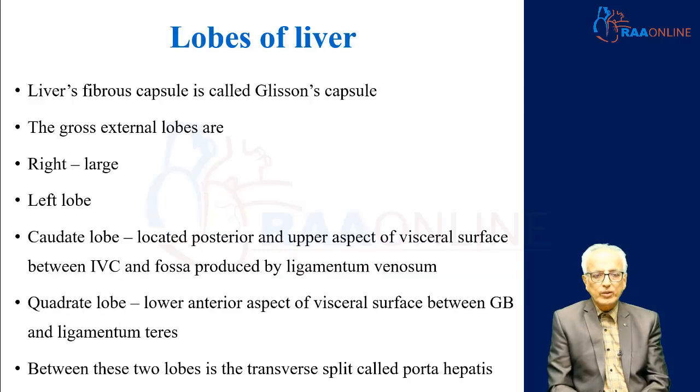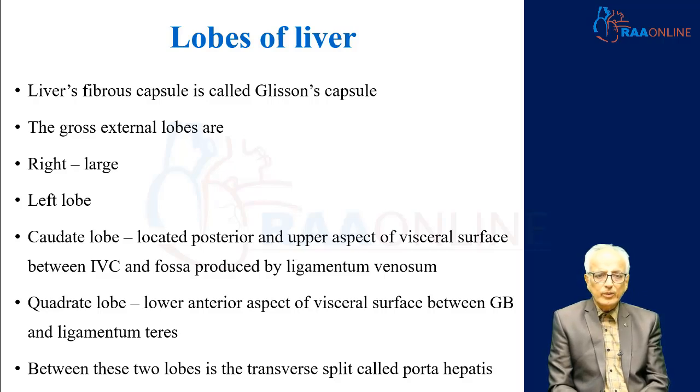Now coming to the lobes of the liver. The liver's fibrous capsule is called Glisson's capsule. The gross external lobes are right and left, left lobe, caudate lobe, quadrate lobe. The right lobe is large and the left lobe is smaller when compared to the right.